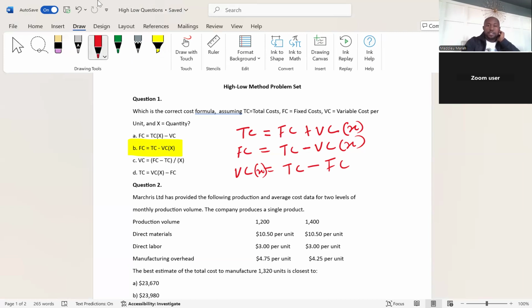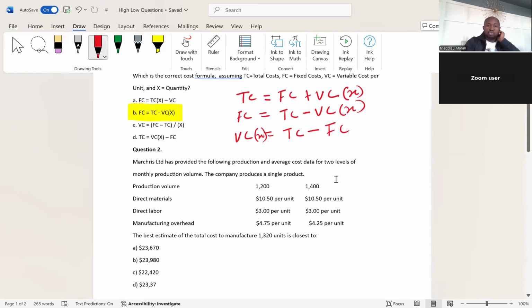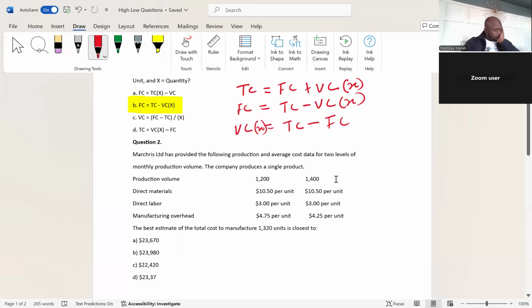Okay. So now let's look at question 2. It reads, Macris Limited has provided the following production and average cost data for 2 levels of monthly production volume. The company produces a single product. So we have our production volume, 1,200 and 1,400.